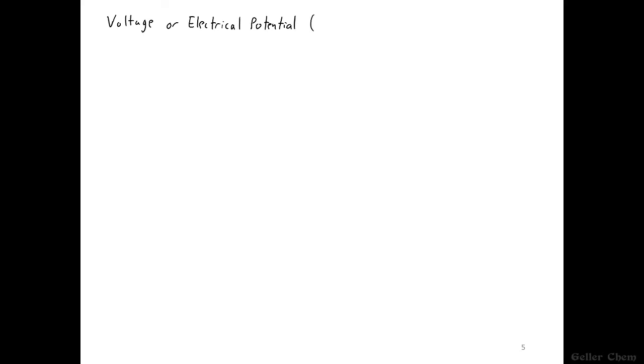Which is why we're actually going to give this the symbol capital E, even though the unit itself is capital V for volt, which is equal to a joule per coulomb. Joule, you hopefully remember, is a unit of energy, and coulomb is charge, as we've been discussing so far.